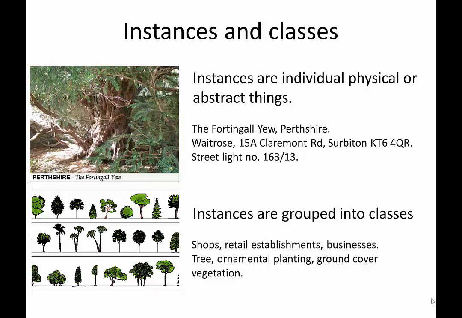We may be thinking about trees, ornamental planting, ground cover, vegetation, a park system, and then there may be specific instances of these, particular trees, for example. So in the object model, we divide the world into classes, of which instances are the real world manifestations.